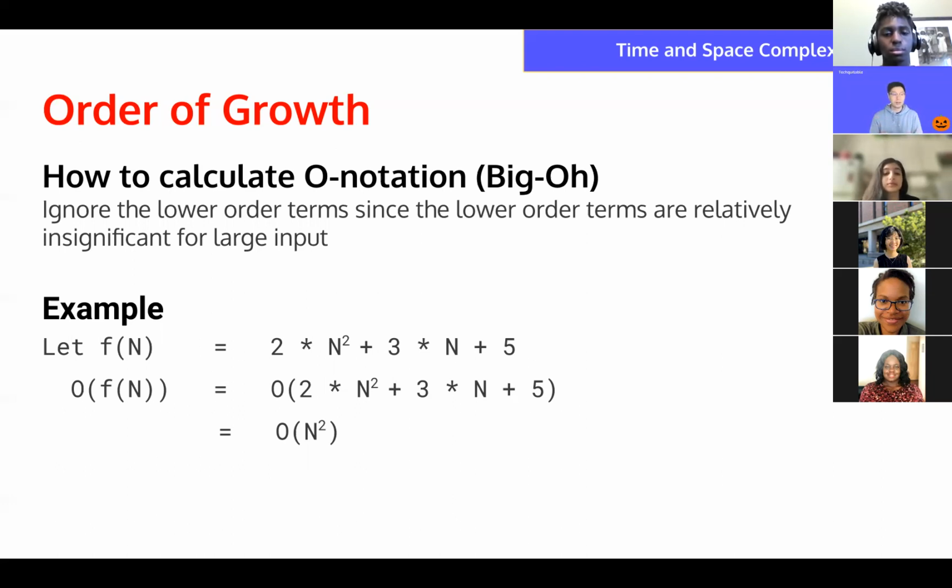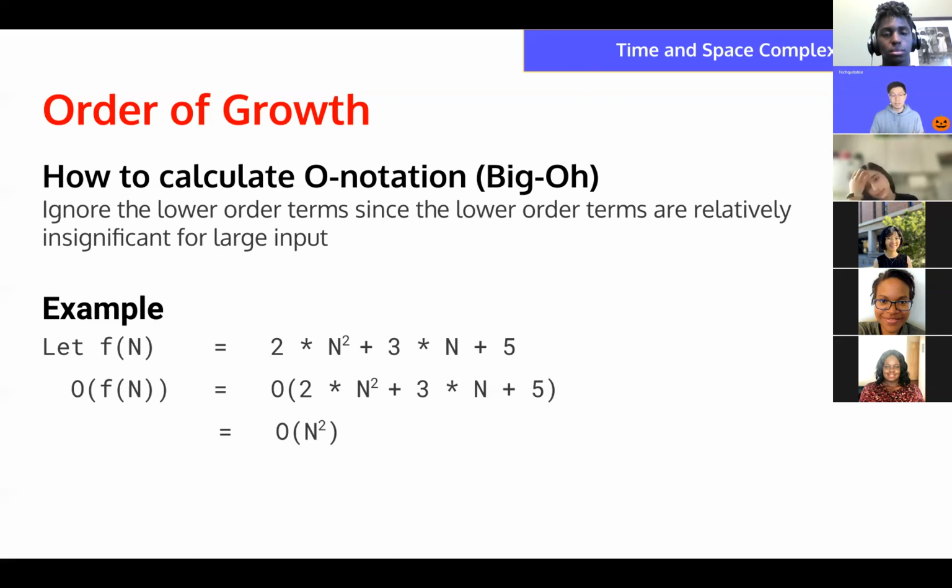So obviously you ignore this plus 5 component, because that's considered a constant. 3 times n, you also ignore. Why? Because there is a higher order term, which is the n squared, right? So that 3 times n you can also ignore. And in the end, you're left with 2 times n squared.